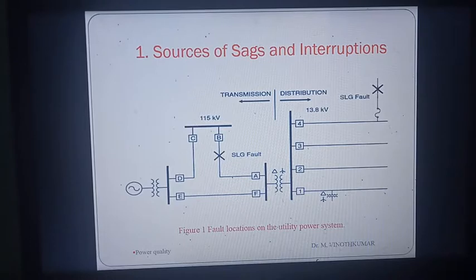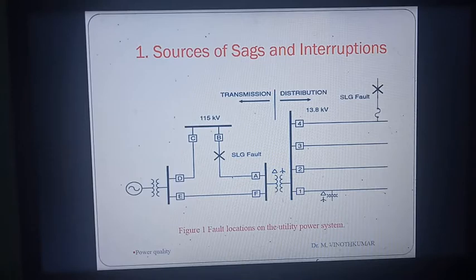Not only on the distribution side, on the transmission side also a fault can occur between A and B, that is the A circuit breaker and this is the B circuit breaker. This is the SLG fault. It may be a fault on the transmission line between A and B. Immediately the A circuit breaker and the B circuit breaker will open to clear the fault.